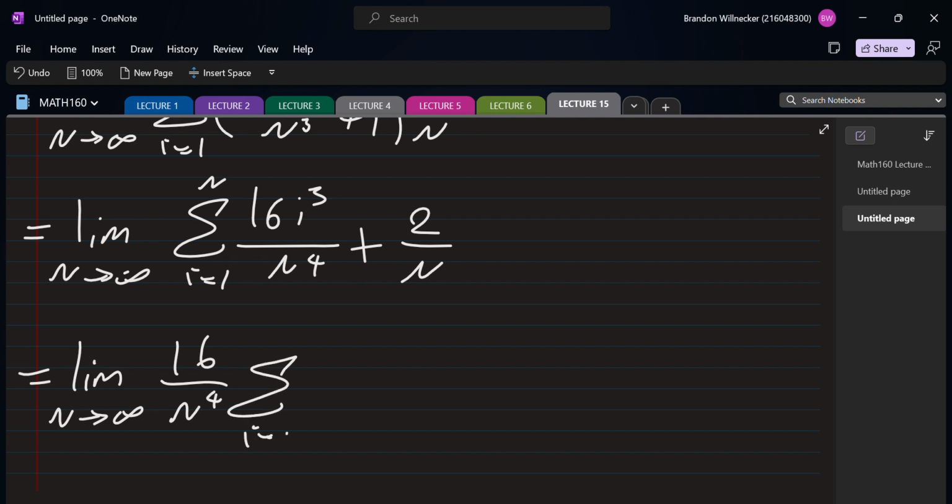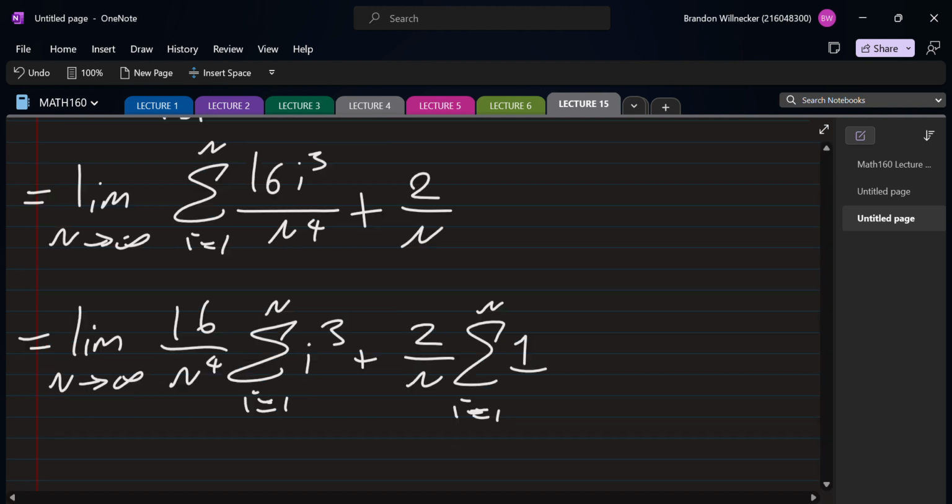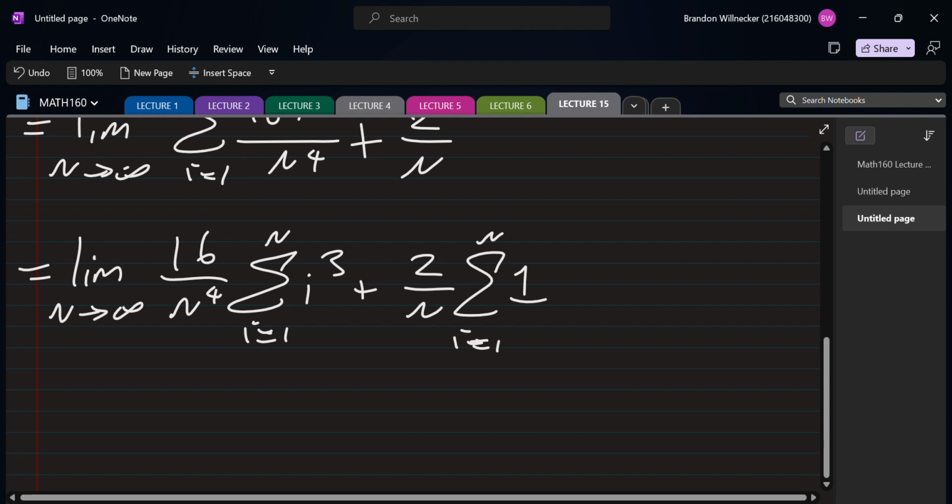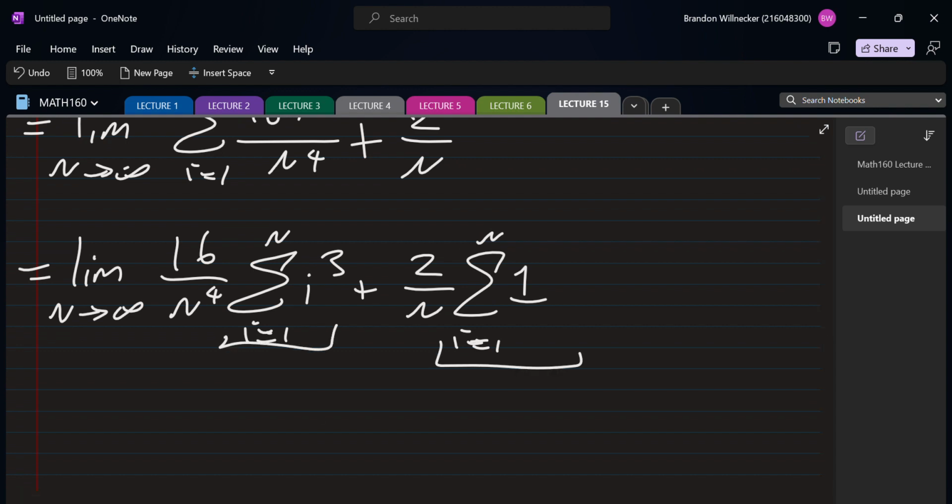And then we're left with the sum, r equals 1 to n, of r cubed. The 2 over n, we can take that out. And then we have the sum, r equals 1 to n of just 1. Okay, so we've got these two sums. The one is the r cubed one, and the other one is just the sum of 1s. We can make the replacement, expand out, simplify, take the limit.